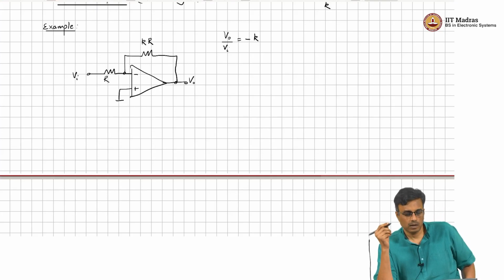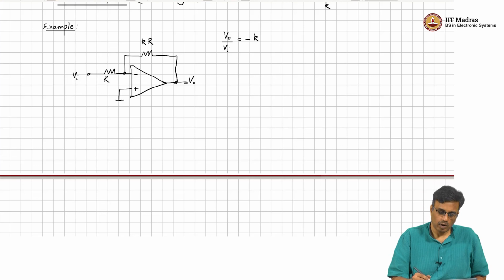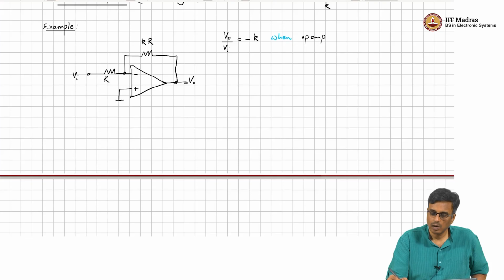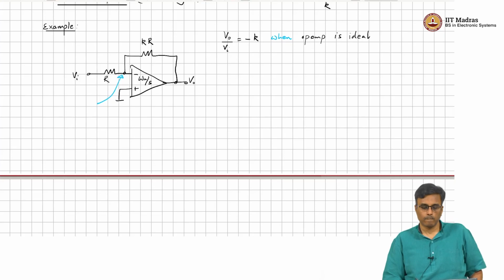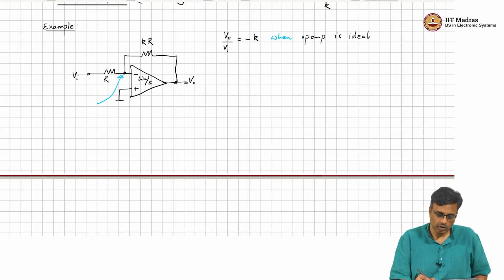Minus K. All right. And what is this voltage when the op amp is ideal? Now, of course, when the op amp is not ideal, the transfer function is omega u by S, and that is nothing but, what is that voltage?